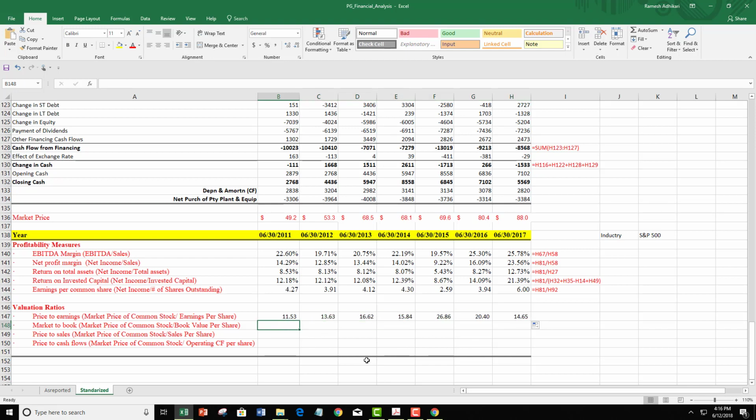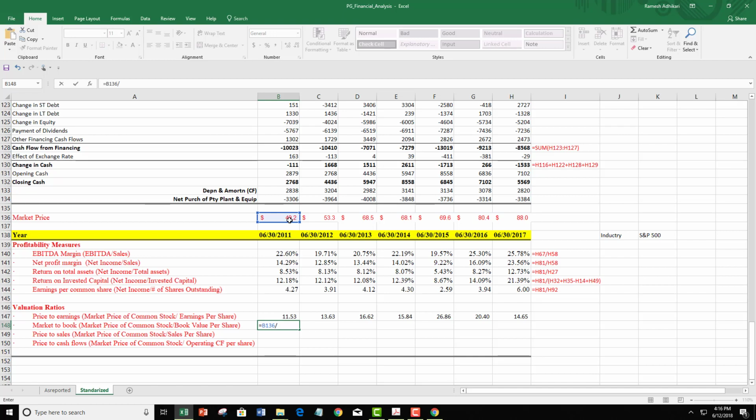The next ratio is market to book, which means market price of the stock divided by book value per share. How do you compute book value per share? Remember, book value per share equals total book value of equity divided by number of shares.